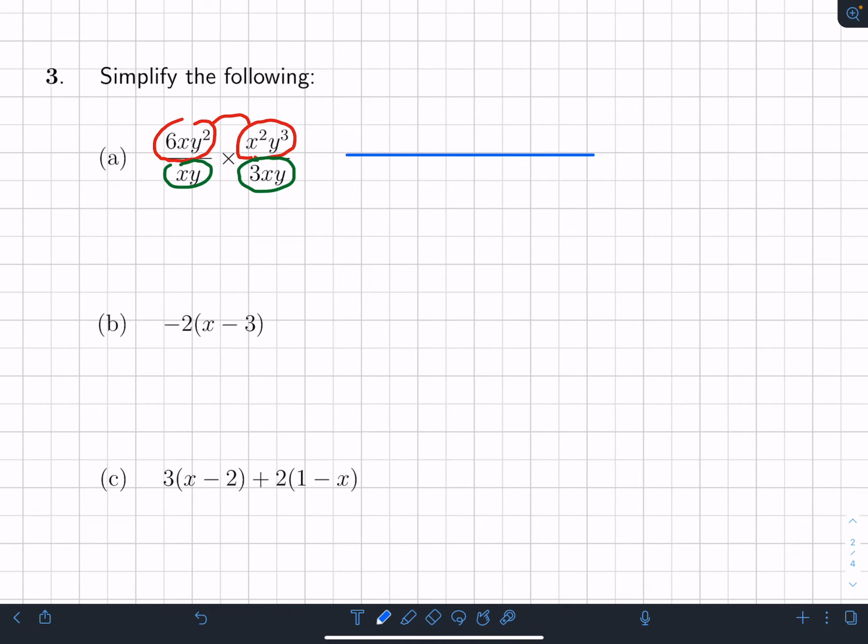In our numerator, we've got 6 multiplied by x multiplied by y squared, so that's y times y, multiplied by x squared, which is x times x, multiplied by y to the power of 3. And in our denominator, we've got x times y times 3 times x times y.